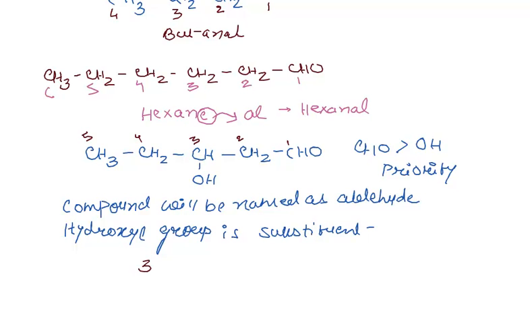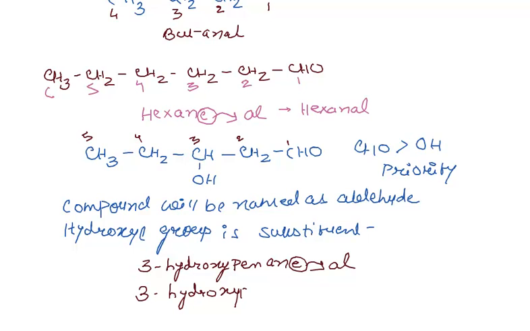So it should be 3-hydroxy. How many total carbon atoms are there? Root word 5, so pent, right? What type of bonds are present between the carbon atoms? Single bonds, so ane, and its E will be replaced by al. So what should be its name? 3-hydroxypentanal.